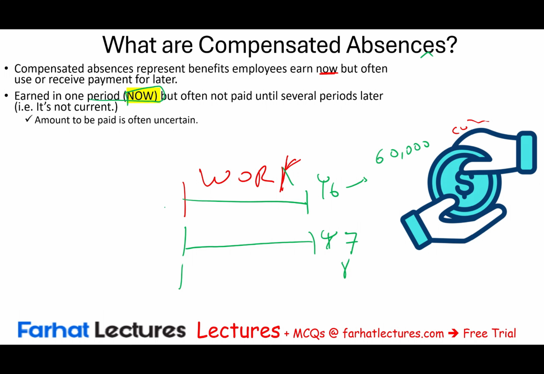Then when you took the vacation in year 7, and let's assume in year 7 you got a big promotion and now you are making $90,000. Guess what? When they pay you those 2 weeks in X7, they will pay you based on your current salary. They would not say, well, when you earned those vacation times, you were making $60,000. No, they have to pay your current salary, which is $30,000 higher.